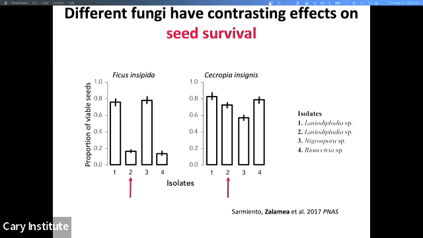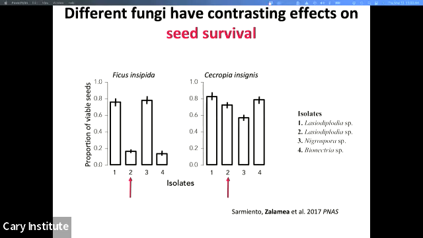In this particular case, isolate 2, Lasiodiplodia, and isolate 4, Bionectria, killed over 80 to 90% of those seeds. But isolate 1 and isolate 3 only killed about 20% of those seeds. So different isolates do different things to those seed species.